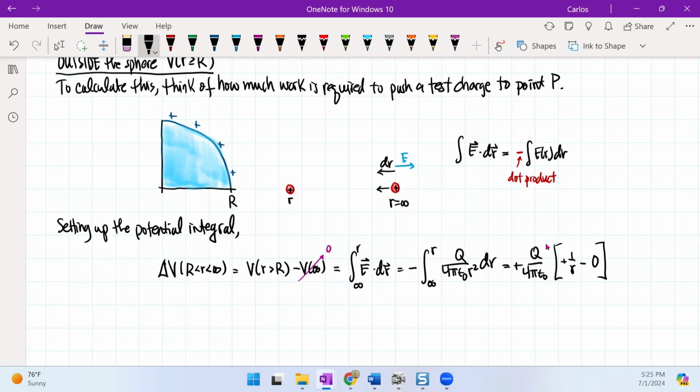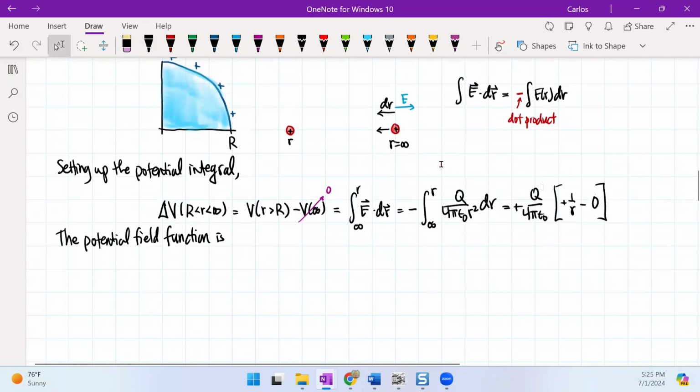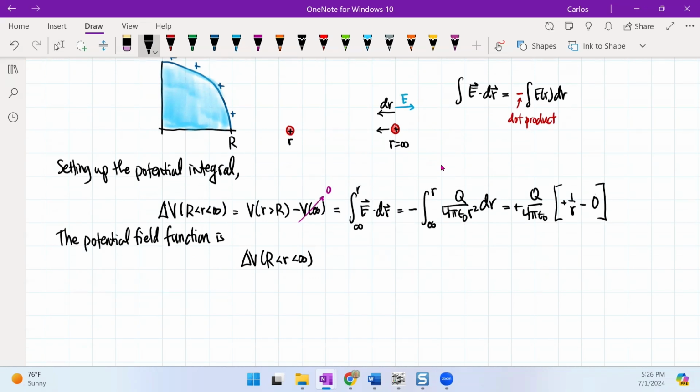So in other words, the potential function is this guy. So delta V for r less than r less than infinity is then going to be q over 4 pi epsilon r minus 0.